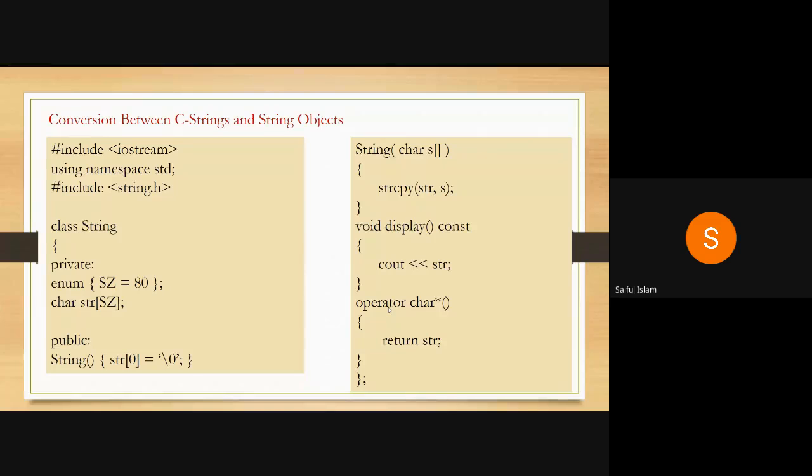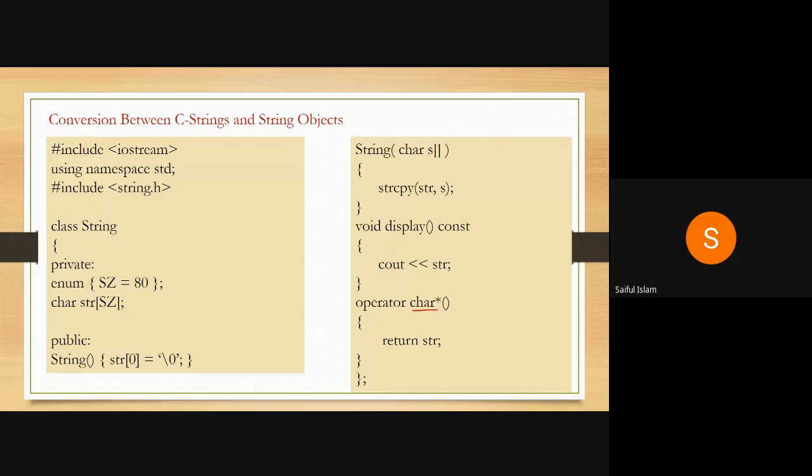Here, this is your conversion operator. The purpose of this conversion operator is to take input that is a C style string and convert it into a string of the class. So you are using a conversion operator. Look at this operator, this is your conversion operator, character star.